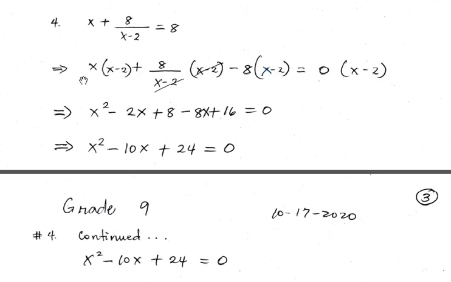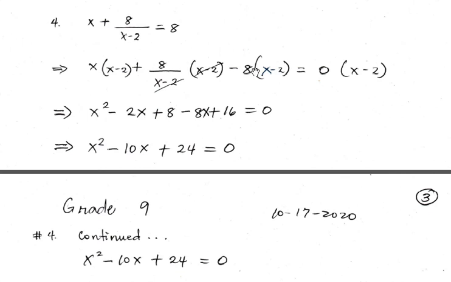So we have x times quantity x minus 2, that is x squared minus 2x. Plus the second term, 8 over x minus 2, multiplied by the LCD. We have x minus 2 over x minus 2, that is equal to 1. And what is left is 8. So we have plus 8.